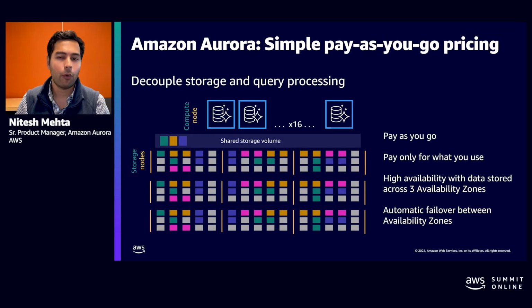Amazon Aurora uses a 4 out of 6 quorum to do this. So your data is always available, it's correct, and you can continue serving your application even in case of failures or any disaster situations. This is the key value proposition that our customers really love about Aurora, which is the performance and the resiliency that we're able to achieve by decoupling the storage and the query processing.